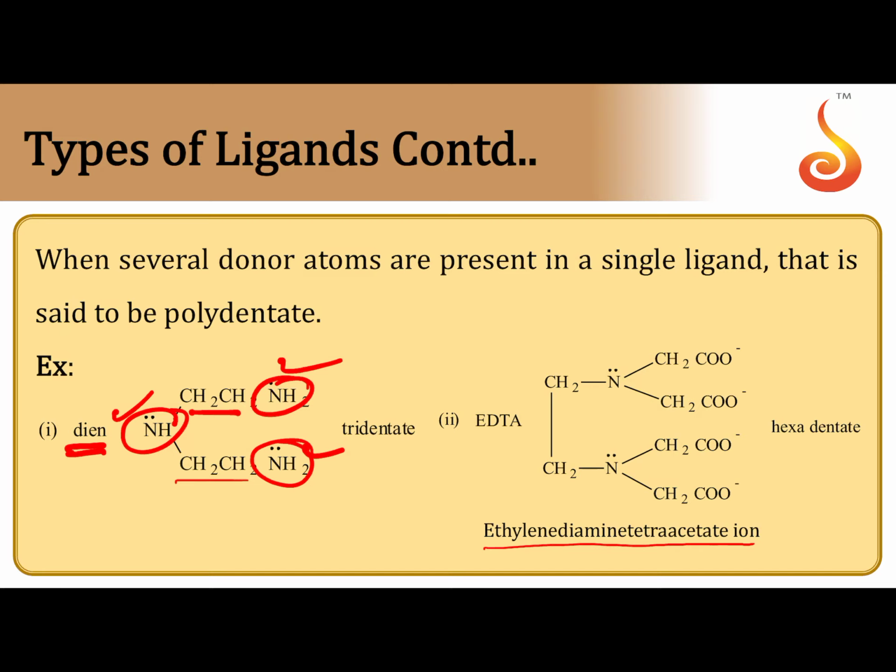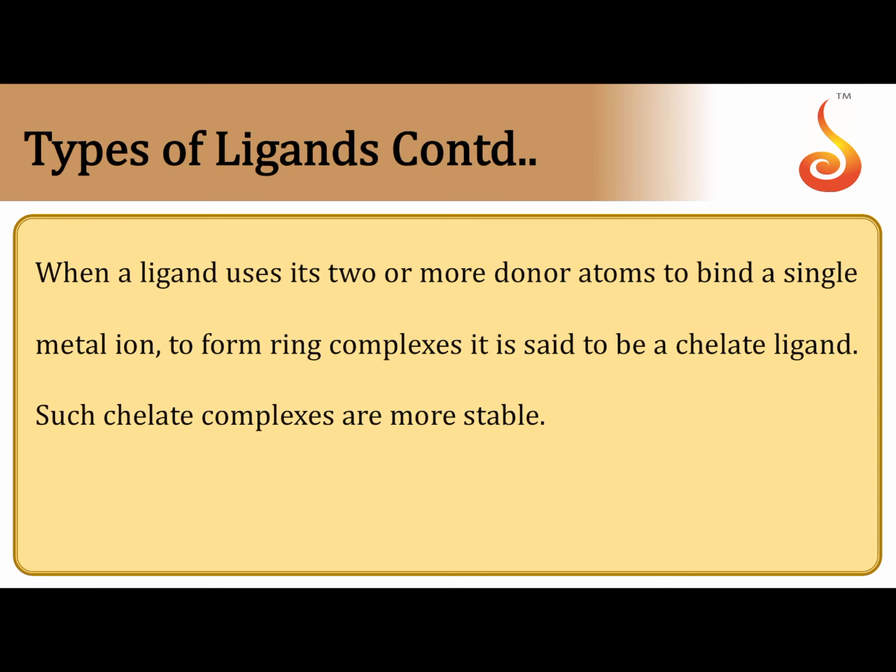If you take ethylene diamine tetraacetate, a single ligand can form 6 dative bonds: 4 through the O- of acetate and 2 through nitrogen. So EDTA can form 6 dative bonds in total; that's why it is a hexadentate ligand.